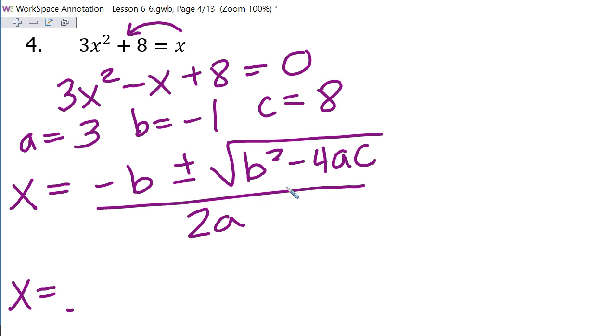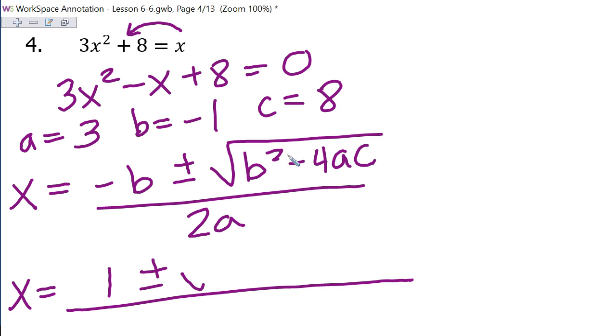What does -b mean? Opposite of b. So if b is -1, what's the opposite of -1? +1. Plus or minus square root. What do we put for b? -1.